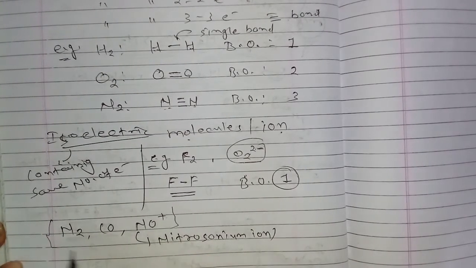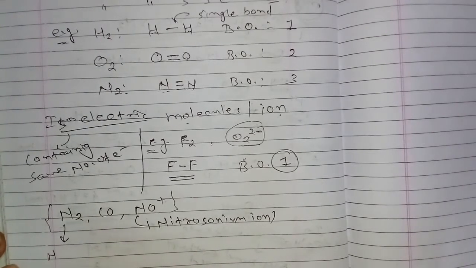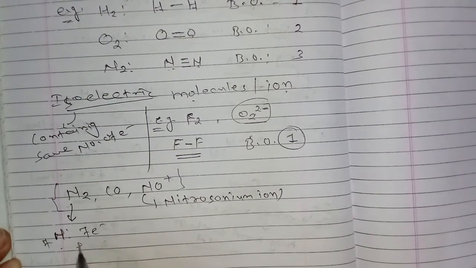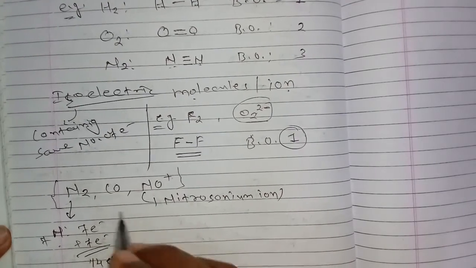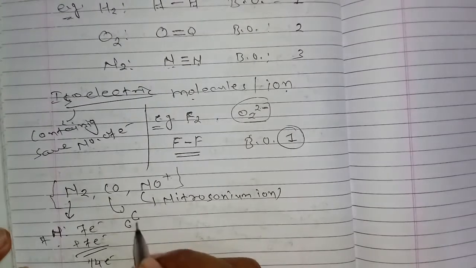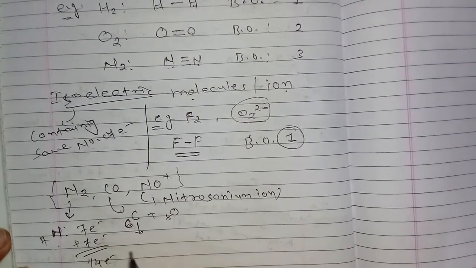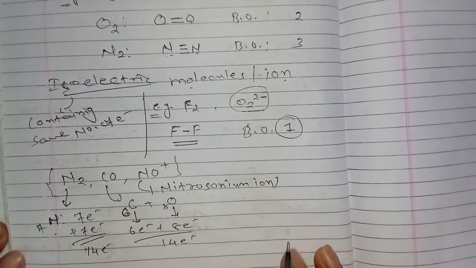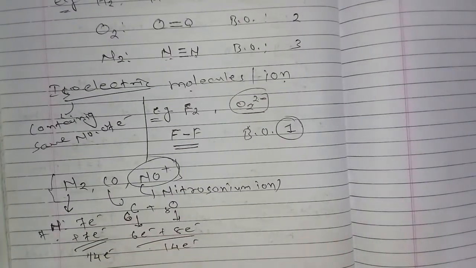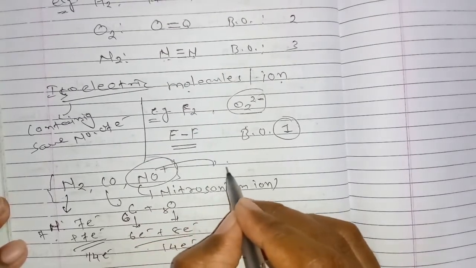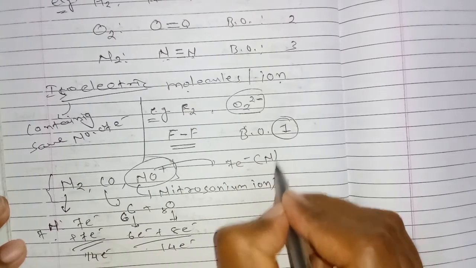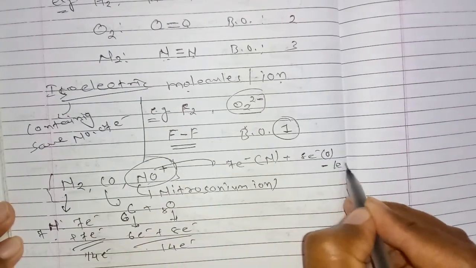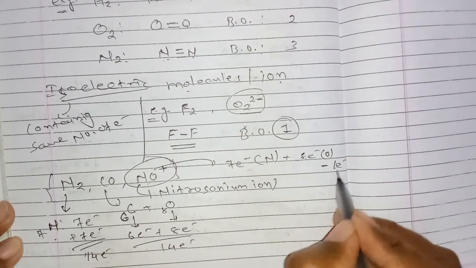These are all isoelectronic species. In the nitrogen molecule there are two nitrogen atoms, 7 plus 7, total 14 electrons. Same for carbon monoxide: carbon 6 and oxygen 8, total 14 electrons. In the nitrosonium ion, nitrogen 7 plus oxygen 8 is 15, minus 1 is 14 electrons.